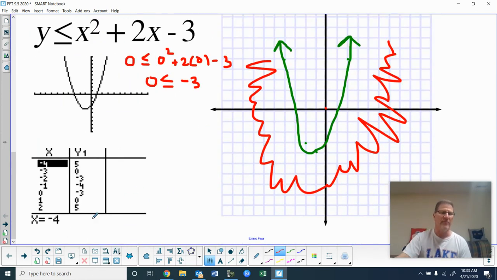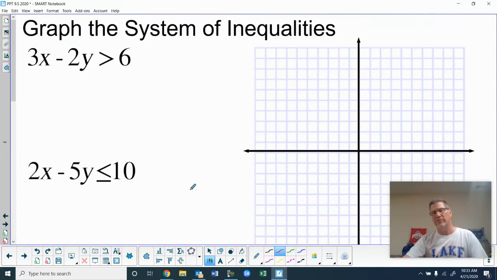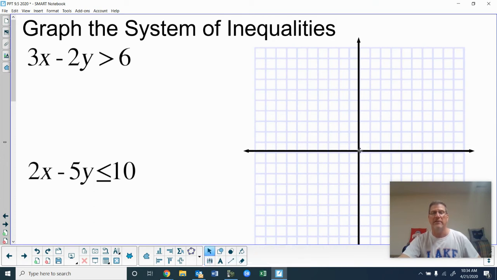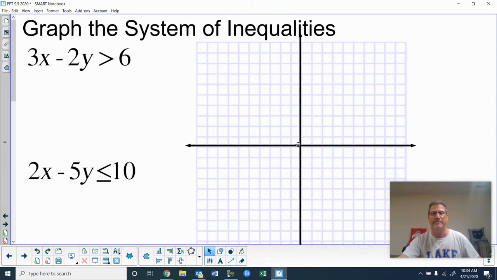Okay? So this next slide, we're going to have a system of inequalities where we're going to have two inequalities, and we're going to graph them on one XY axis, and then see where our shaded areas overlap.